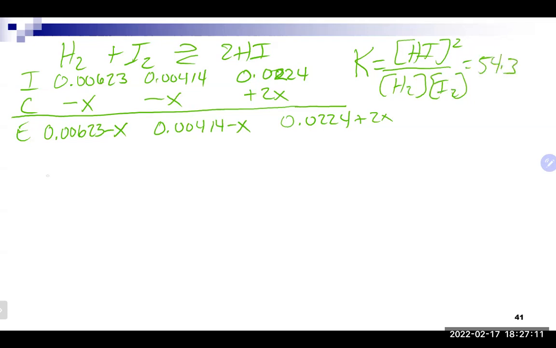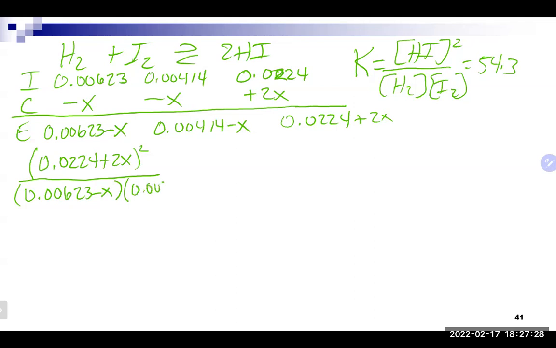So putting that in, we get 0.0224 plus 2x, and we need to square it, divided by 0.00623 minus x times 0.00414 minus x. And again, that will equal 54.3. Any questions so far?